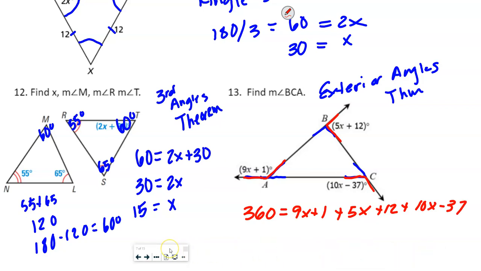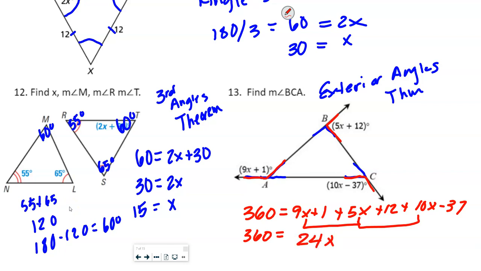When we do that, we get 360 equals 9x, and 5x and 10x are going to be 19, so that's going to be 14x. No, wait, my bad. I can't add today. So this was 24x, right? 24x.